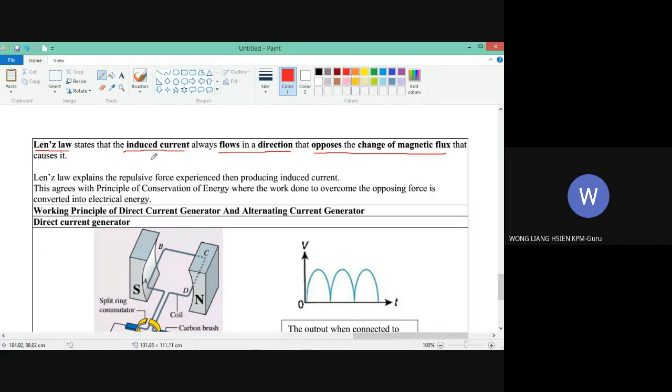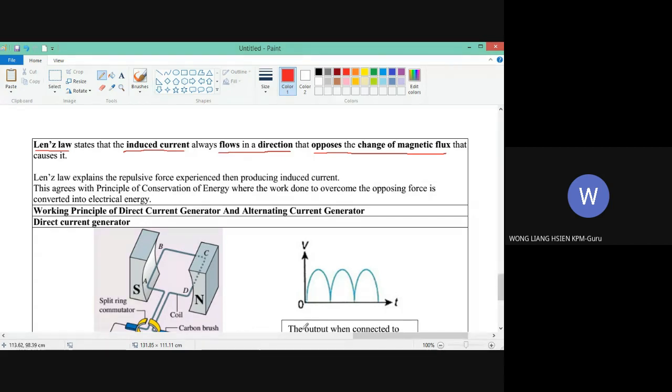That means you want to make the changes go back to normal. You change it, it wants to go back to the original situation. So it produces a current, sorry, not in opposite direction, it produces a current that can produce a magnetic field that can make the changes go back to normal, to oppose the change of magnetic flux. Okay, like that.